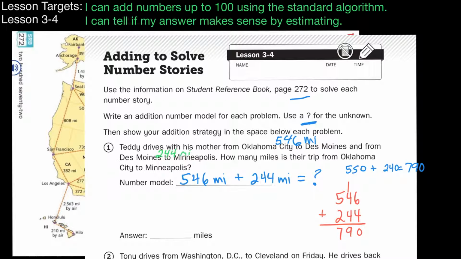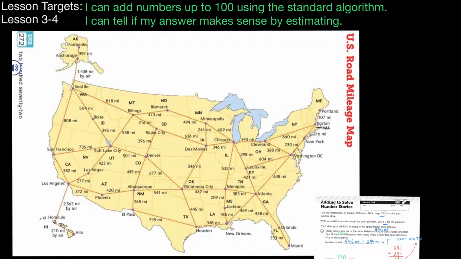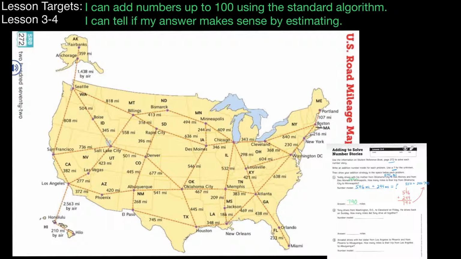I'm going to check. Well, look at that. My estimate was exactly my answer. So my final answer, it takes from Oklahoma City to Minneapolis 790 miles.